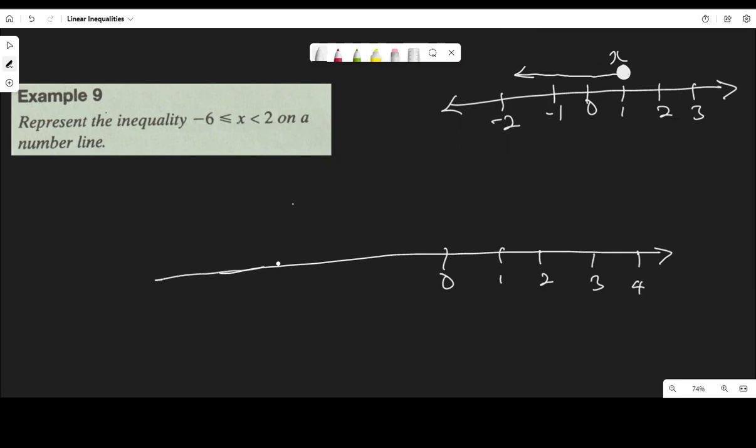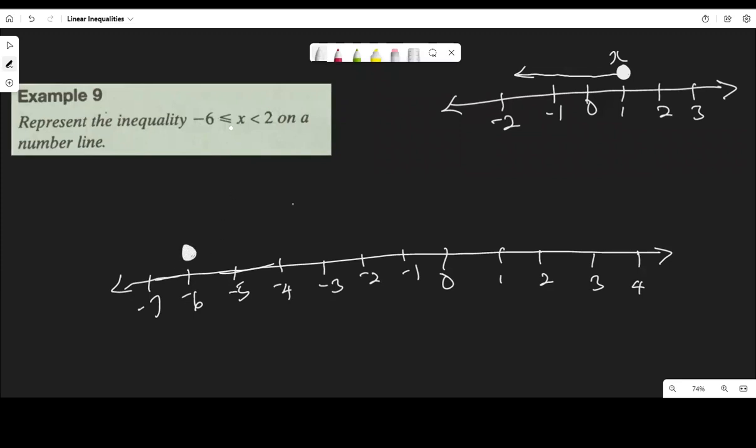Let me extend this since I have up to -6: -1, -2, -3, -4, -5, -6, -7, and so on. Now -6 is less than or equal to x. So -6 is inclusive, meaning it is less than or equal, so we paint it.